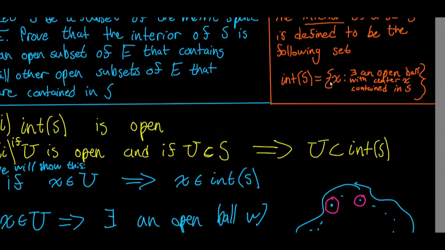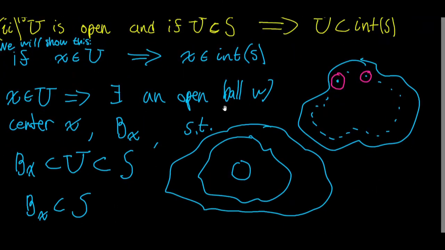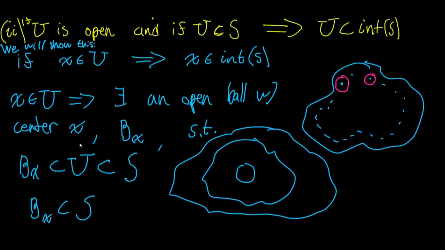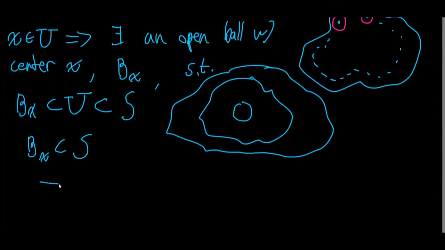Based off the definition of the interior of a set, the interior of S is all points X such that there exists an open ball with center X contained in S. And there exists an open ball centered at X for each point in U, as we've just shown, that's contained in S. So therefore, X is in the interior of S.